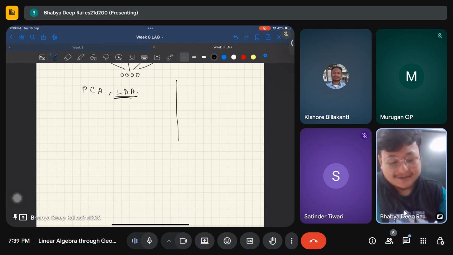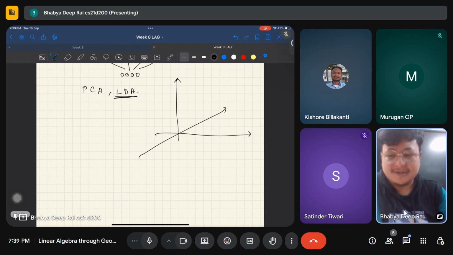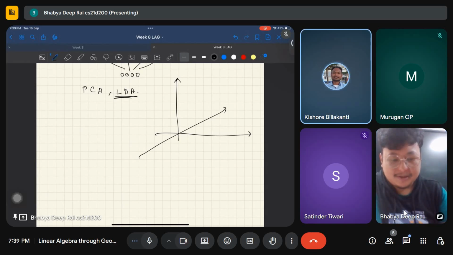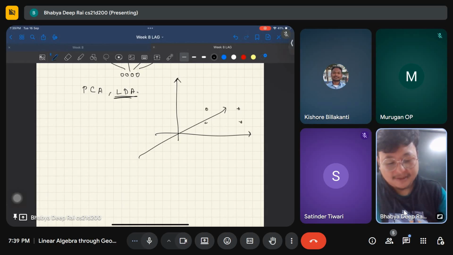Well, the idea is that you have lots of data, and because you have so many types of data, for example in principal component analysis, they are in a higher dimension and you have problems analyzing it. Exactly.